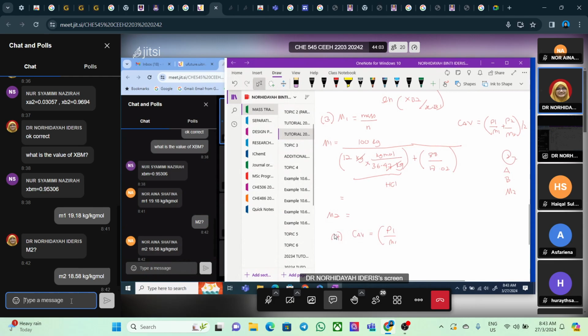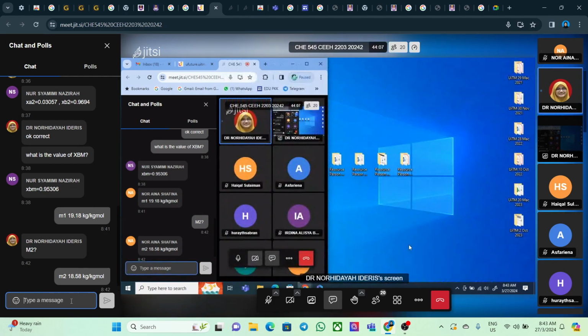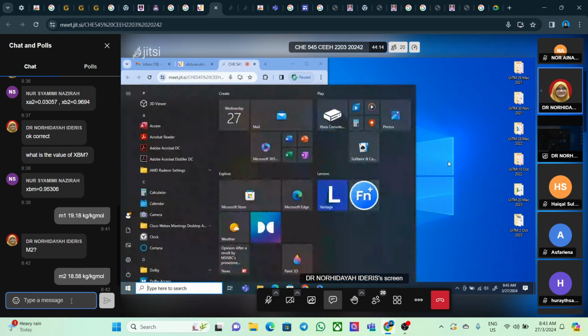Rho 1 over M1 plus Rho 2 over M2. So nilai Rho 1 dengan Rho 2 tu kamu dapat daripada mana? Dibagi kan dekat dalam soalan. Cuba lihat soalan tu.